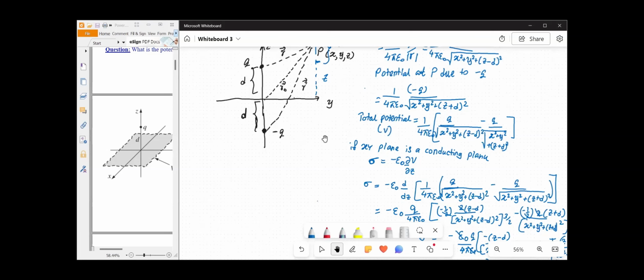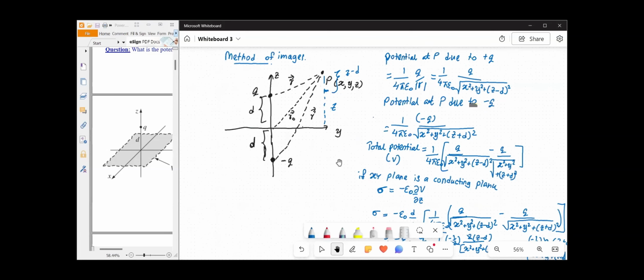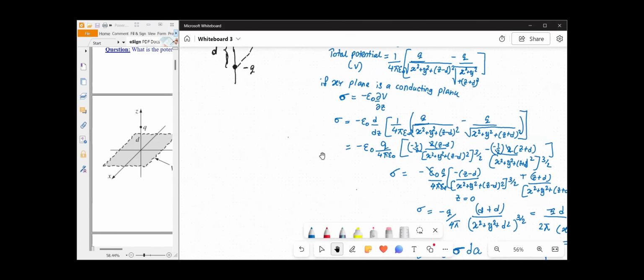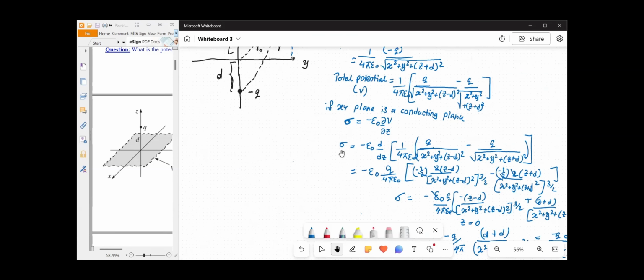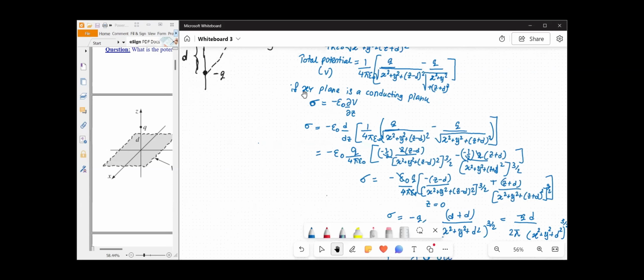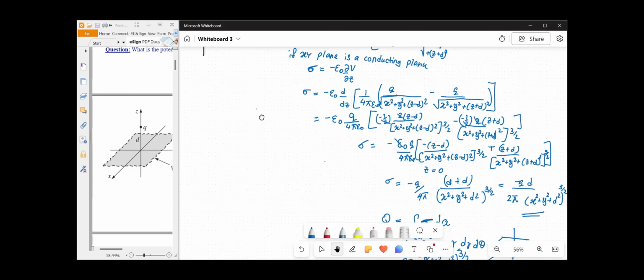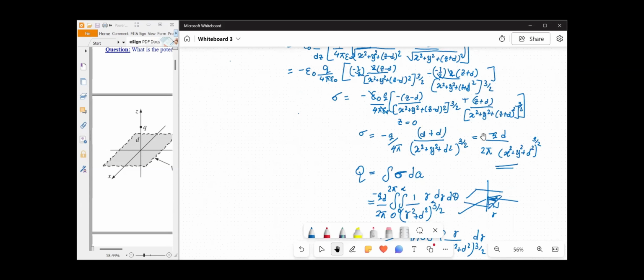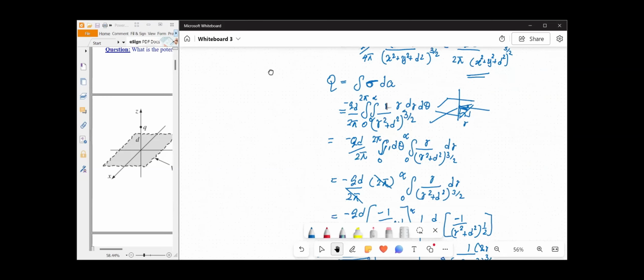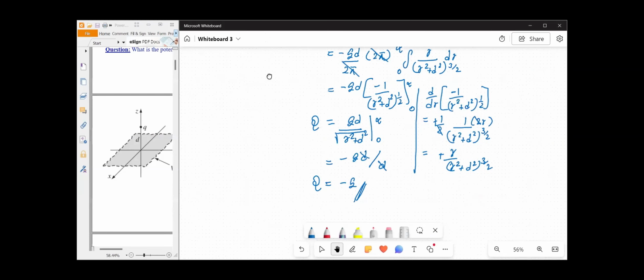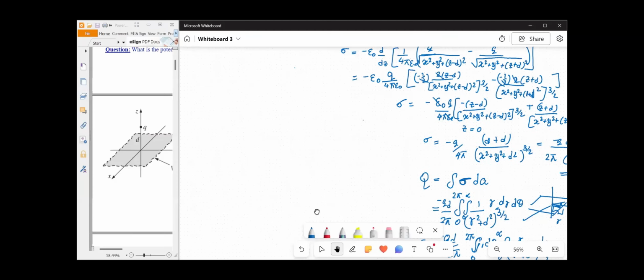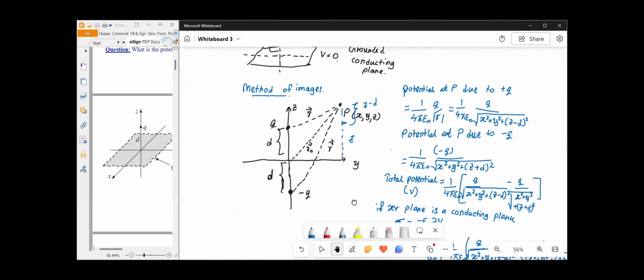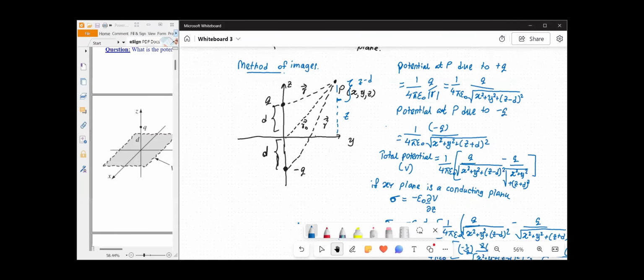Okay. Now with those two, mainly we have three results: the potential, the charge density, and the total charge.